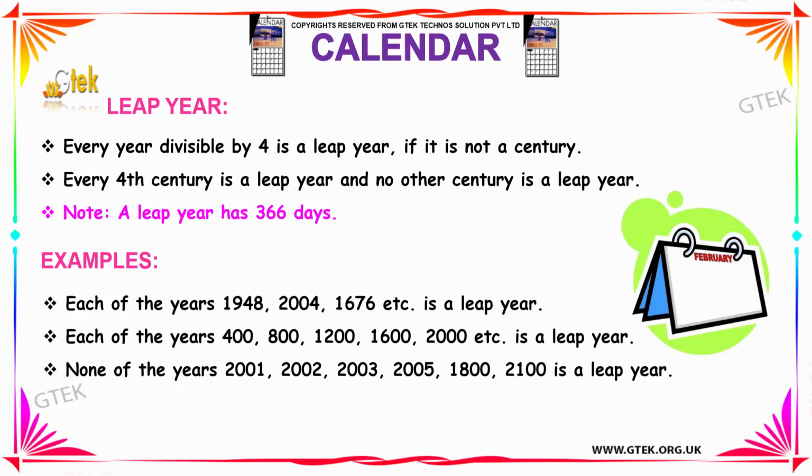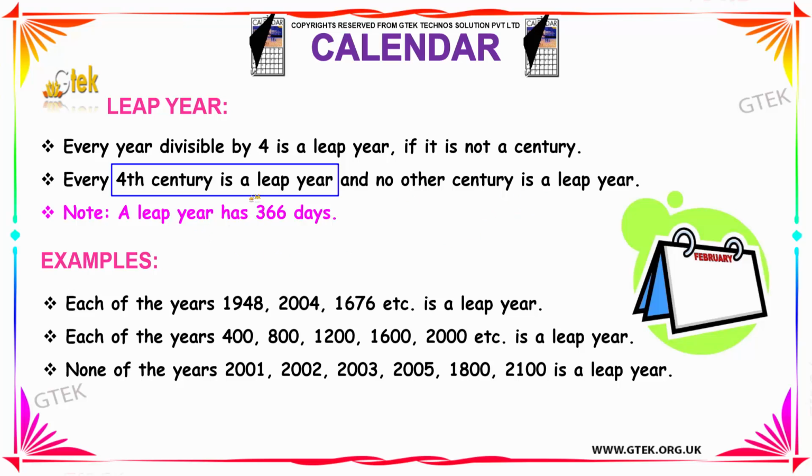Leap year is a year that is divisible by 4. So every year which is divisible by 4 is said to be a leap year, if it is not a century. If it is a century, then every 4th century will be a leap year, and no other century is a leap year.